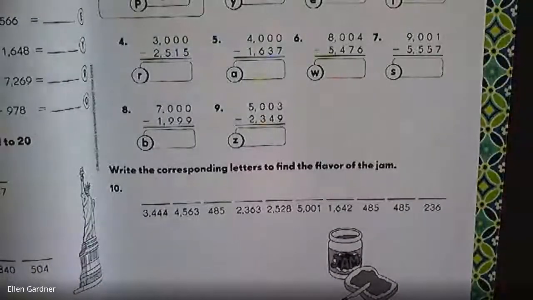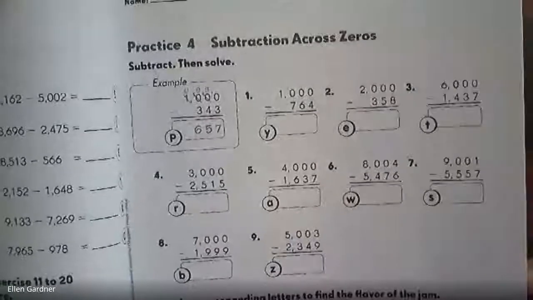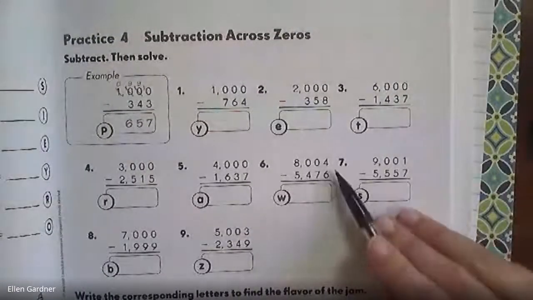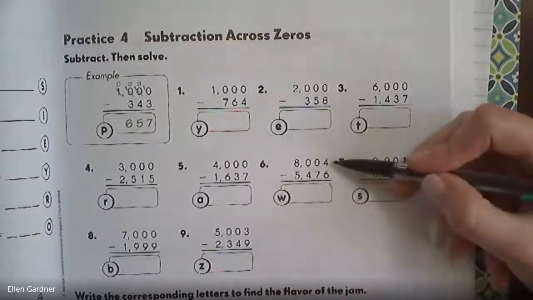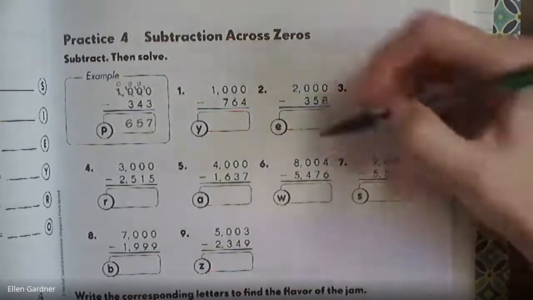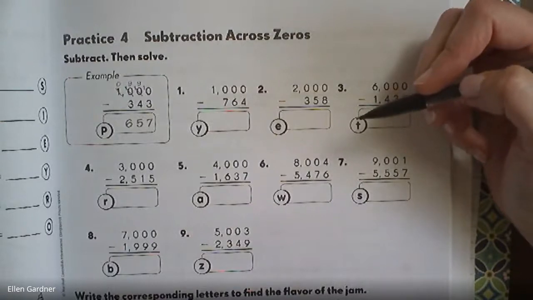On page 67. This is going to be posted in Bright Thinker for you as well. Keep in mind that some of these do not necessarily have a 0 all the way across, but if the digit on the top is smaller than the digit on the bottom, you still need to regroup from the next place value you can regroup from.